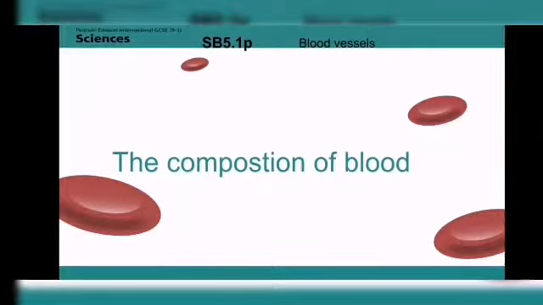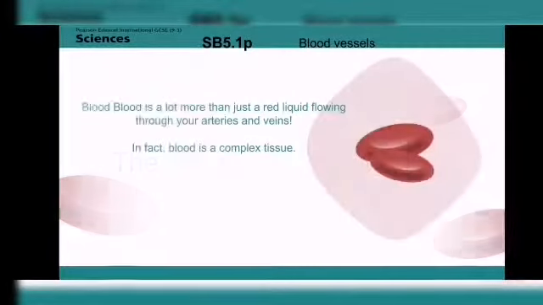Okay, now let's talk about the composition of blood. Blood is a lot more than just a red liquid flowing through your arteries and veins.